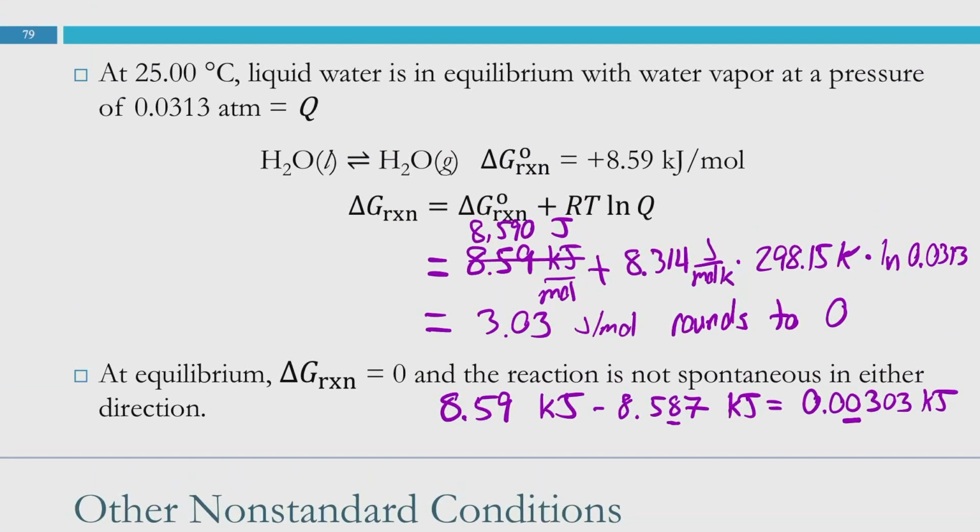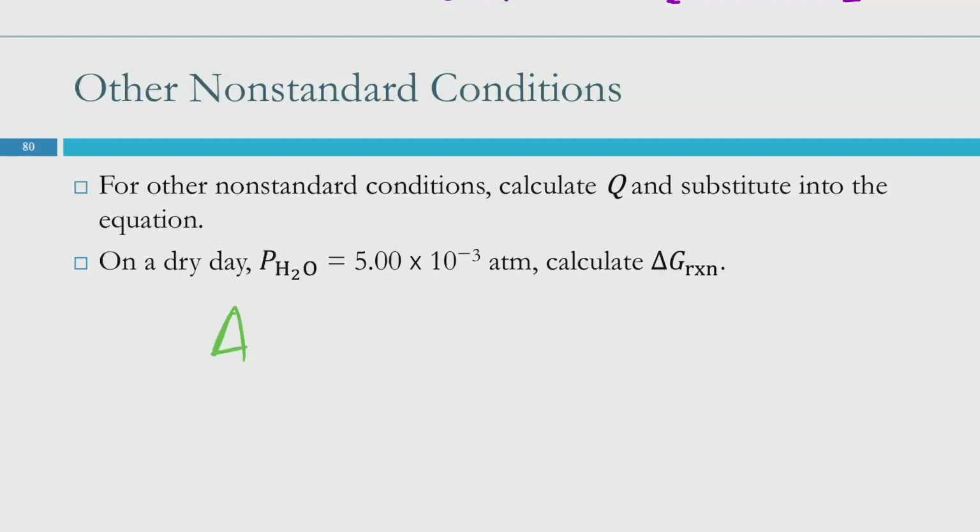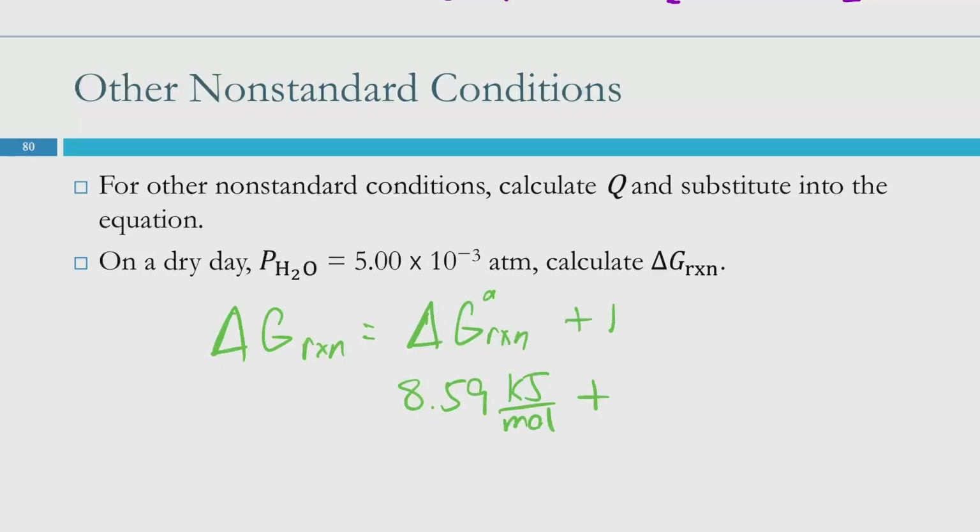And we can calculate our delta G. So we're going to use this delta G value, the 8.59 kilojoules per mole, plus RT ln Q.